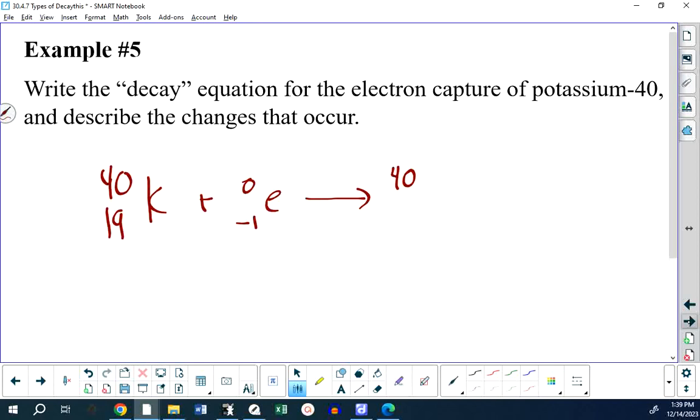Charge has to be conserved. Boy, it's really easy to mess this up. It's really easy to want to put 20 somewhere instead of 18, which is argon. And because this is the way it is, to conserve momentum, basically, you get a neutrino.